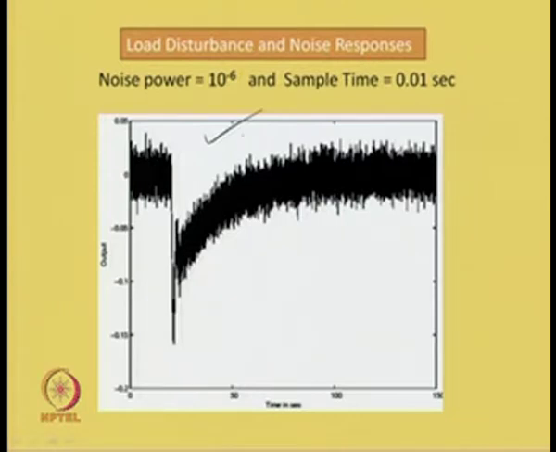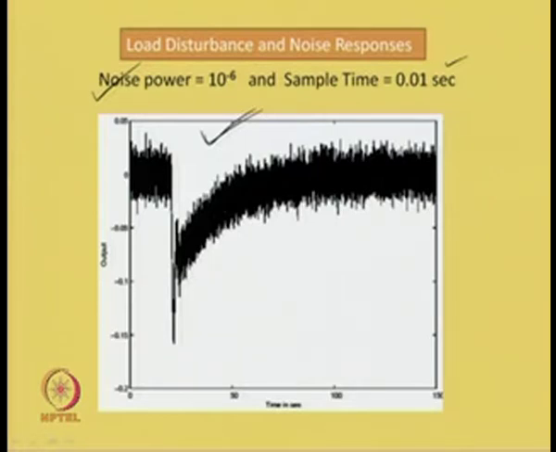Keep in mind that we have set the reference input or set point input to be 0, because we have interest in the noise responses or load disturbance responses. When the noise power is 10 to the power minus 6 and the sample time is 0.01 second, then the disturbance output of the system can be obtained in this form.